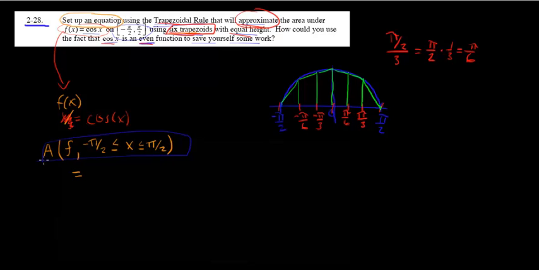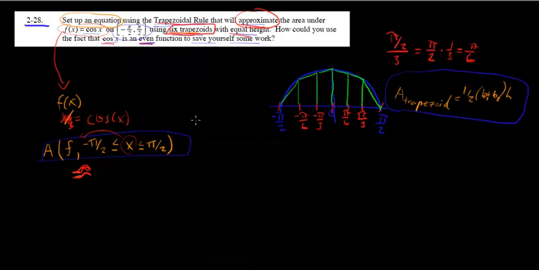So our area of f between negative pi over 2 and pi over 2, between our function and the x-axis, we're given both those, is approximately, so make sure to use the approximate symbol when we're approximating the area, because it's not exactly equal, all these trapezoid areas underneath the curve.